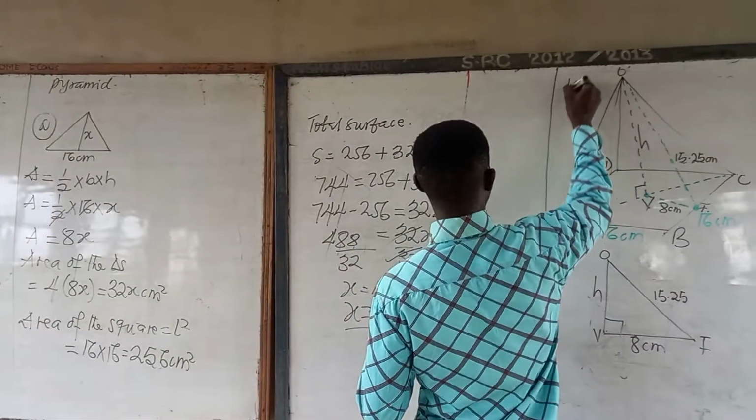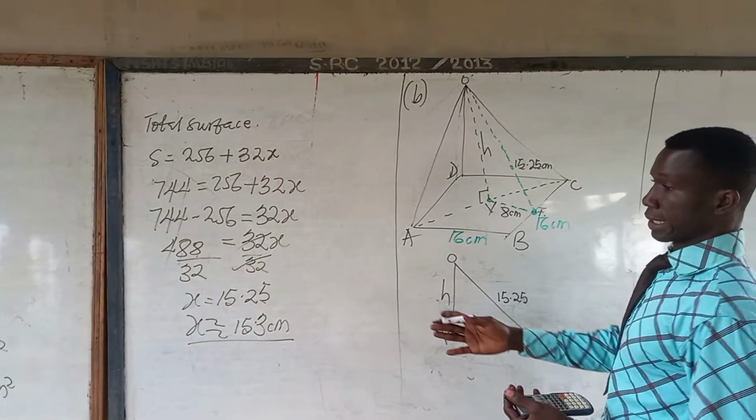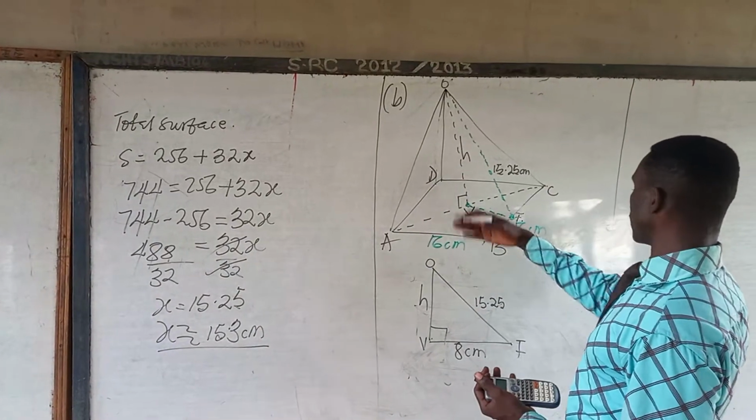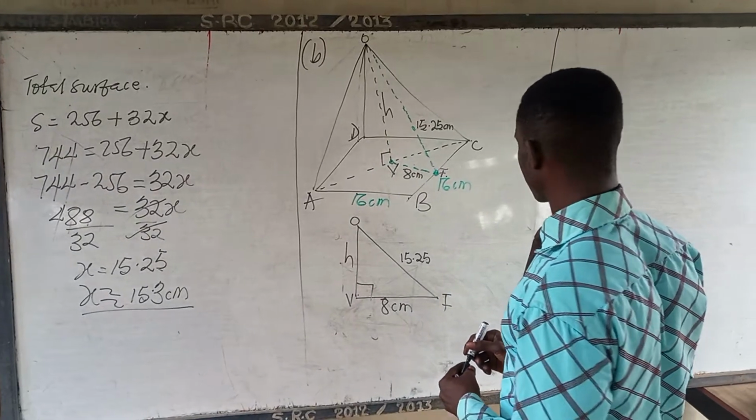Then B, which says you should calculate the height of the solid form, and the solid form is a square pyramid, which is very obvious. And you are calculating the height of the solid form.